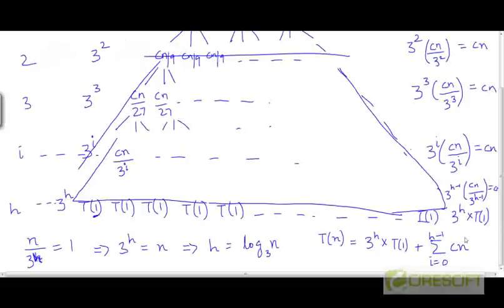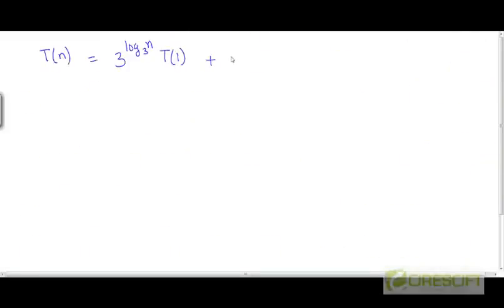So cn is not dependent on the level number. So we can pull out cn and we'll be adding cn to itself h times. And so we can call this cn multiplied by h, but h is log of n to the base 3.